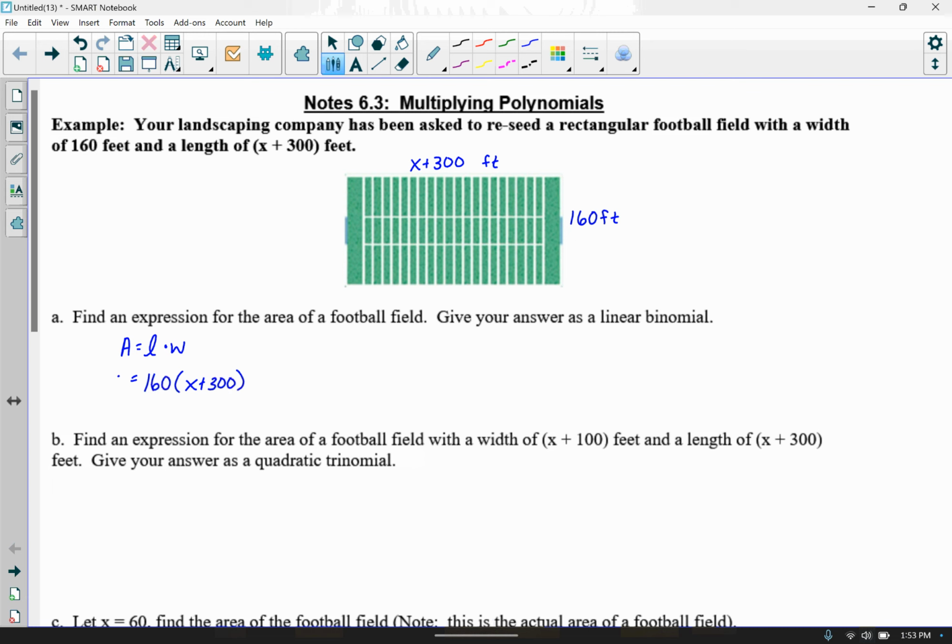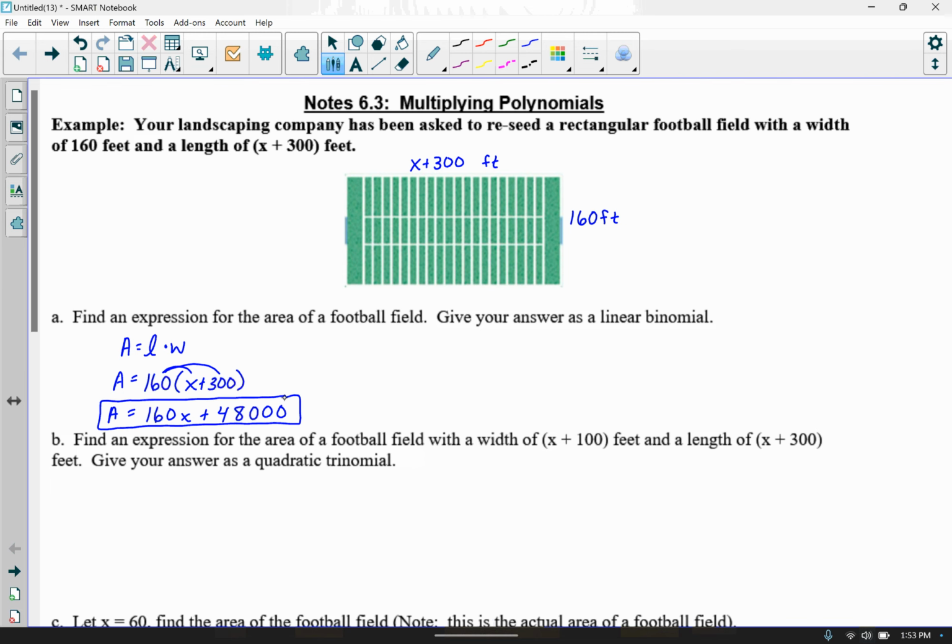Now, just to clean that up, I'm going to take that 160 and distribute it through. So 160 times x, 160 times 300 will give us 48,000. And that'll be your final answer.